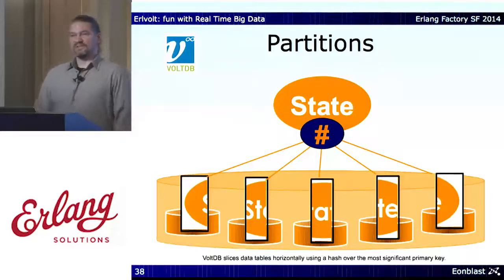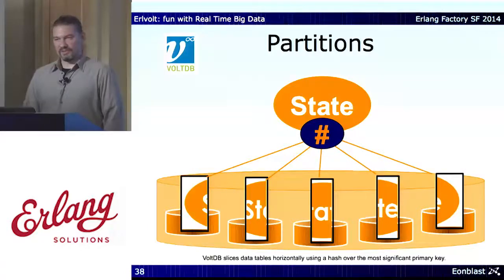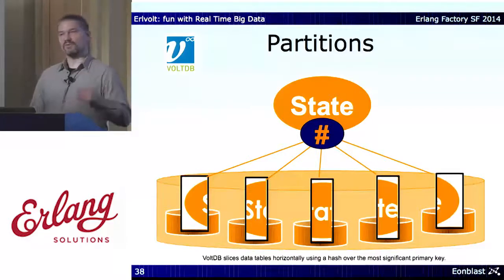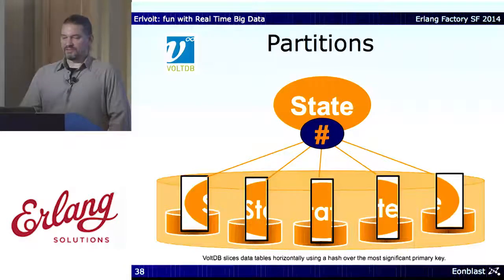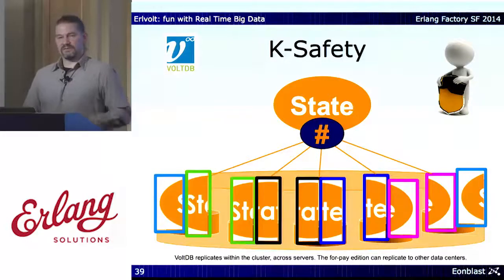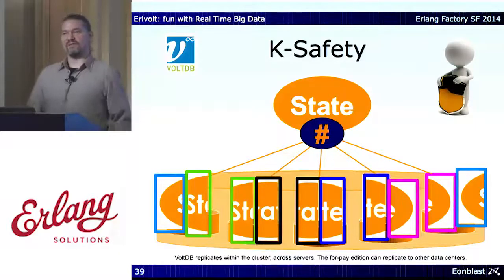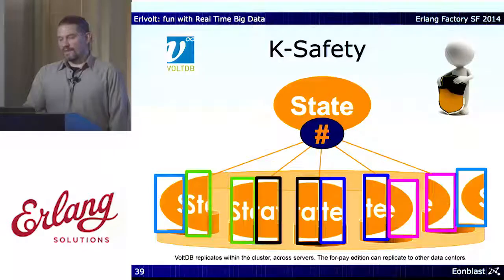That means the tables are stored on individually different machines, and they are simply hashed on their primary key, so that one entry goes on that server, one other entry goes on that machine, another entry goes on that machine. And that is also used for what they call K-safety. That's replication of the data, so that it doesn't only go here, but there's a replica also going there, so that if that server goes down, there's also a separate copy on another server.